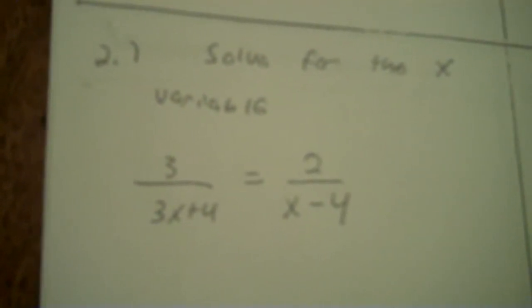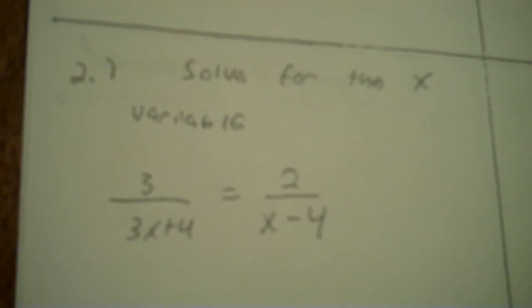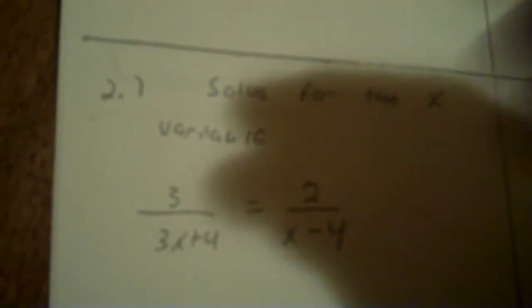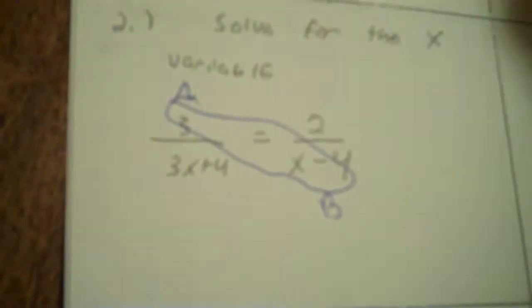Okay, it's not going to be quite so easy in the next one. We know that 3 times (x minus 4) is equal to 2 times (3x plus 4). Just look at that, there's no way you're going to cross multiply and divide and get your answer. So I know that a times b is equal to c times d.